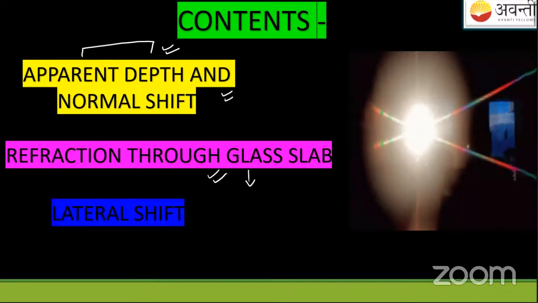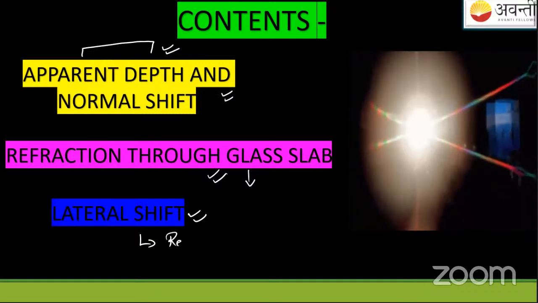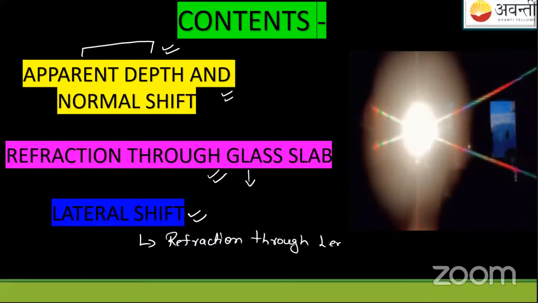After that, we'll see lateral shift, and maybe one or two numericals related to lateral shift. If we are left with some time in today's class, students, we will also study refraction through lenses.